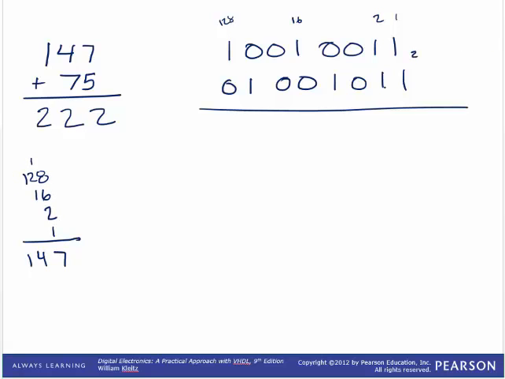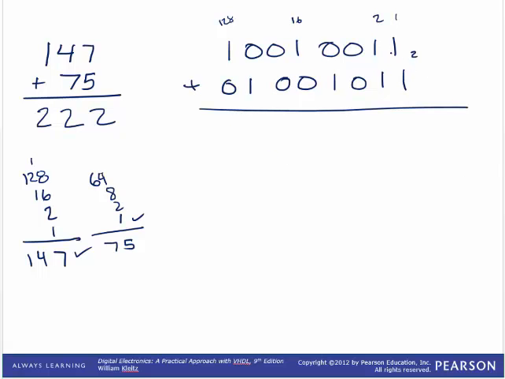So that first number in base 2 truly is 147. Let's check if this bottom one is a 75. I have a 2, a 1, an 8, and a 64. So that's 75. Check. Okay, so that binary conversion is truly correct.